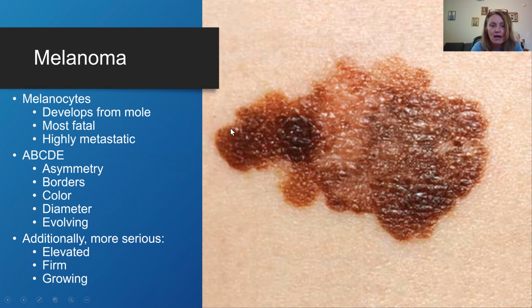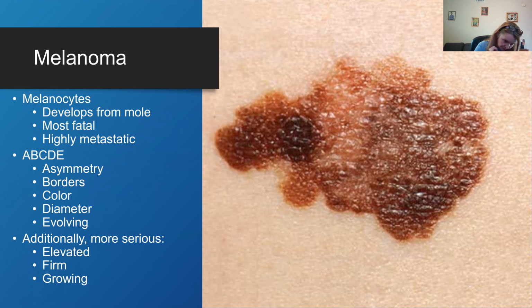The borders are elevated. So usually you have these borders that go up. Then the color, usually several colors. So it's not just one color. It has darker, lighter parts. Diameter is bigger than 5 millimeters.